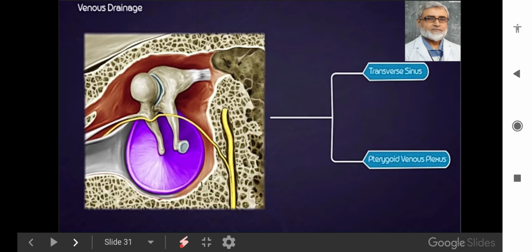The outer surface drains into the external jugular vein and the inner surface drains into the transverse sinus and pterygoid venous plexus. You can see here the transverse sinus and your pterygoid venous plexus. Now come to the next slide.